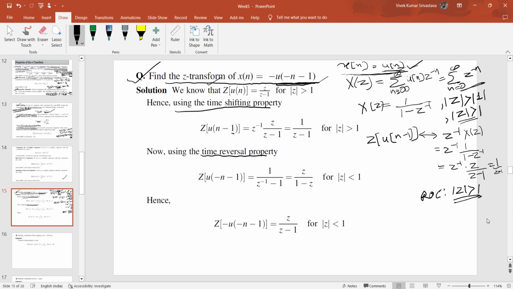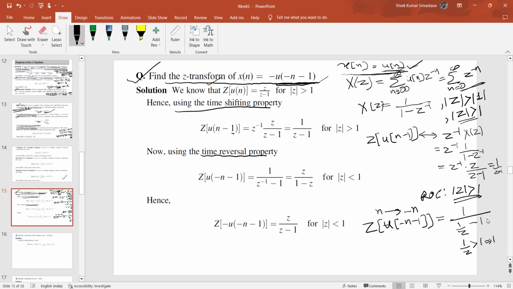So what we will do here is we will just change n with minus n. This is known as the time reversal property. Once you apply the time reversal property, you will get u of minus n minus 1. The corresponding Z transform is defined as 1 over z minus 1, and the ROC will also be changed, that is 1 over z will be greater than 1.